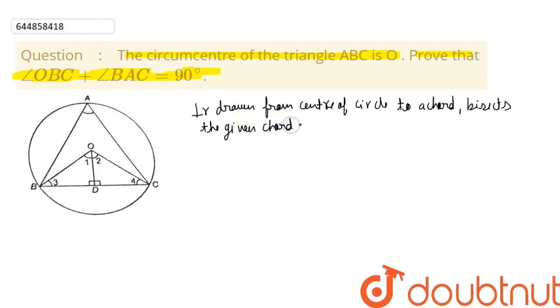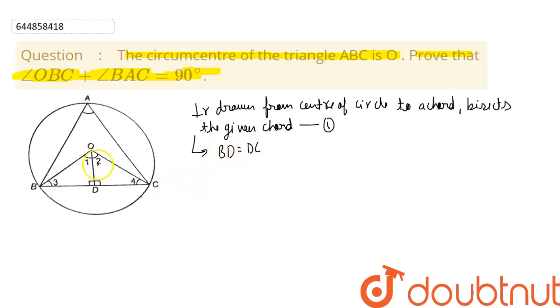Let us say this is property 1. By using property 1, we can say that OD, that is this perpendicular, would bisect the given chord BC. So here we have BD equals DC.